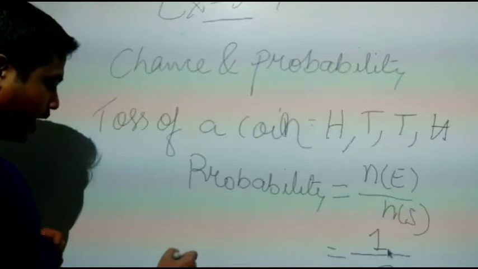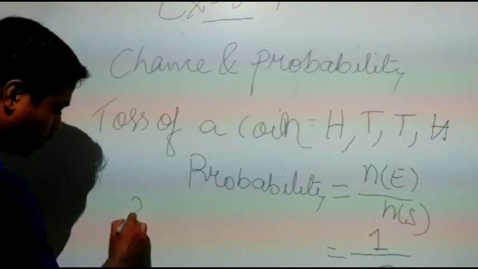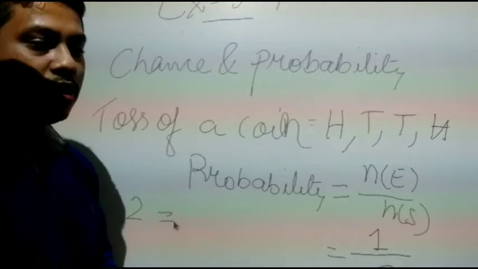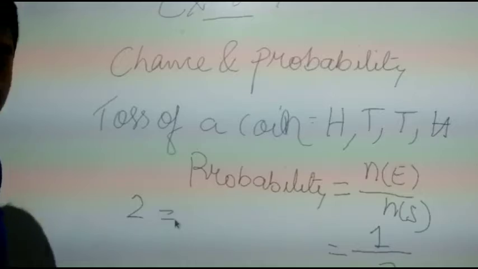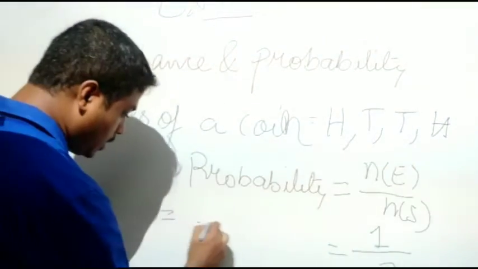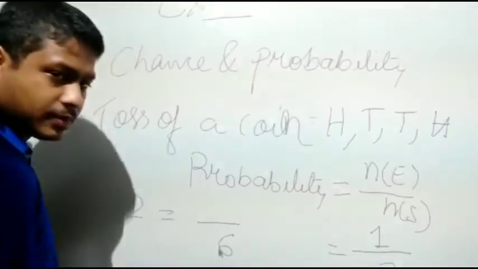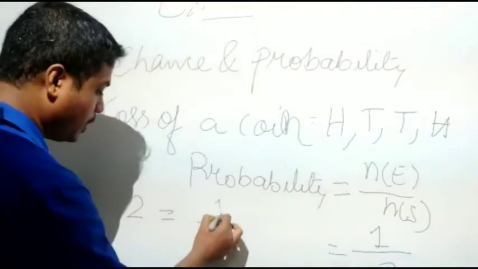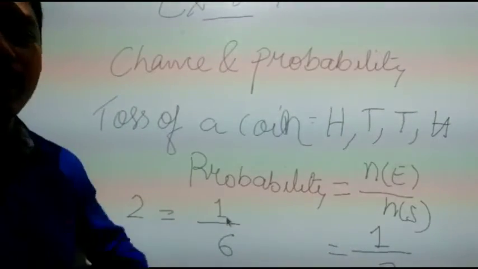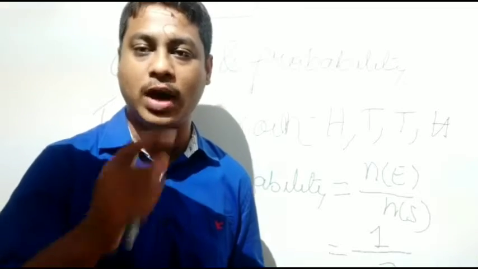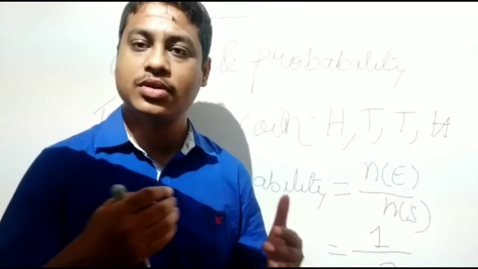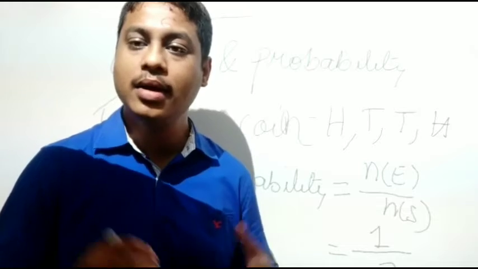The total number is 6. So if I ask the probability of occurring 2, how many times will it occur? The total number is 6 and the probability of occurring 2 will be 1 by 6. Similarly, for the number 3 or 1 or 4, it will always be 1 by 6. So this is how we calculate the probability.